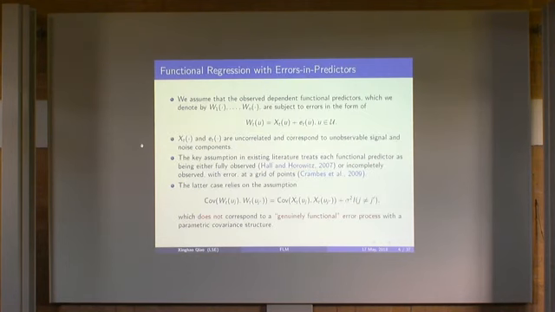The other setting I'm going to talk about is functional regression with errors in predictors, where in practice the functional predictors are not fully observed. Instead, they might be observed with measurement error, denoted by W here. So W is the observed functional predictor, and X is the true signal predictor. The E here is the error process.